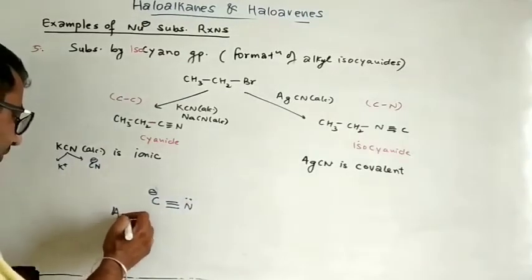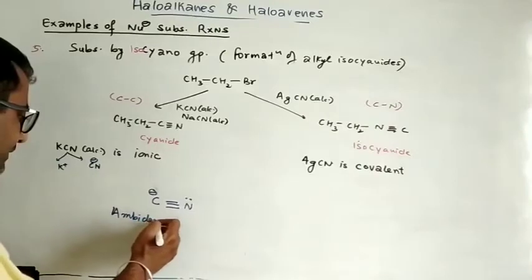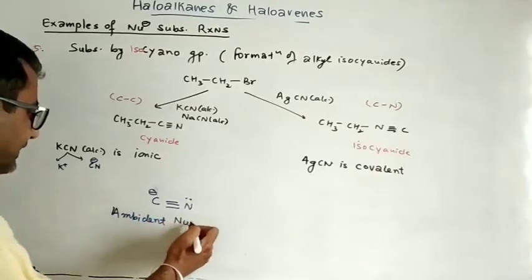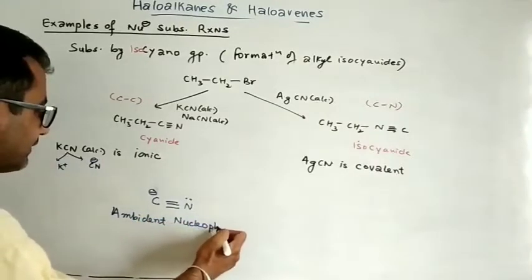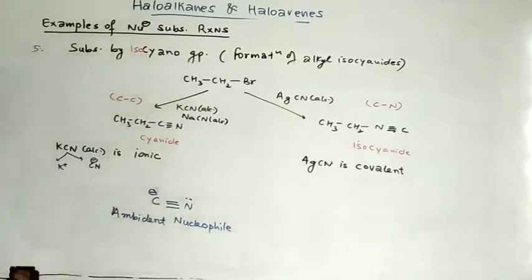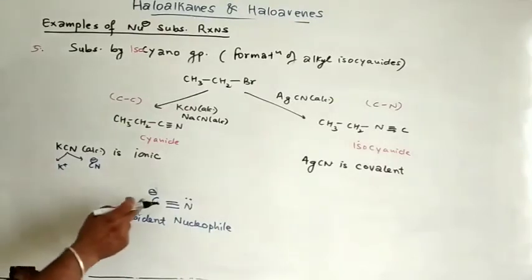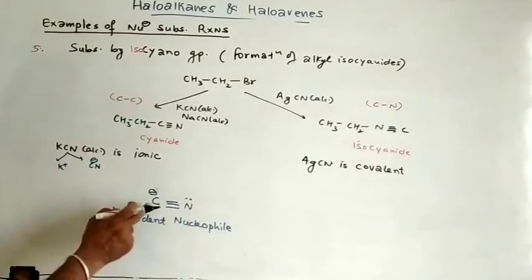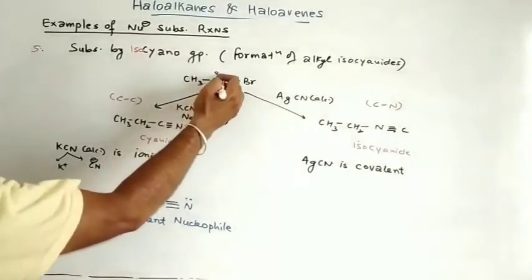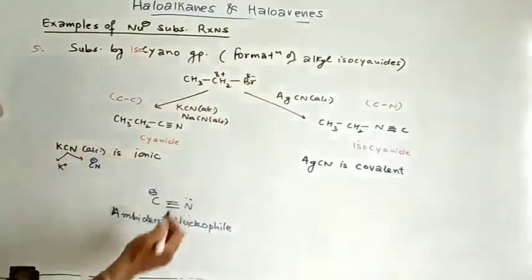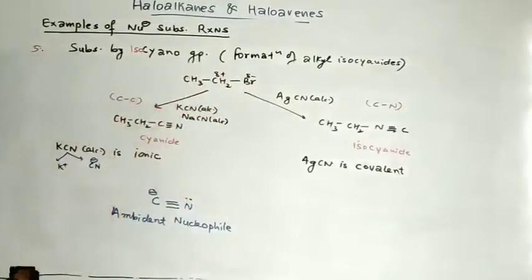This is a type of ambident nucleophile. Ambident nucleophile means it has two centers to attack. It can attack through carbon, it can attack through nitrogen. The carbon here is also nucleophilic, and it can attack on this carbon because this is positive, and this nitrogen can also attack.